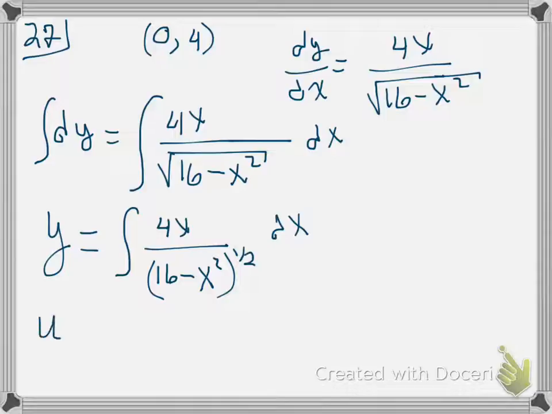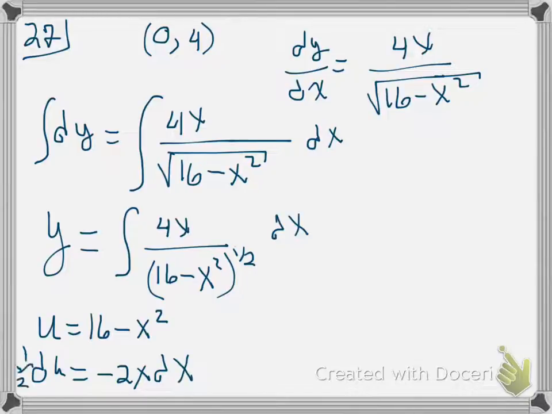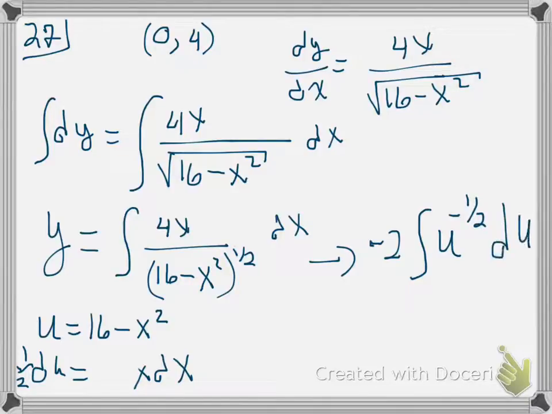So I'm going to let u equal 16 minus x squared. So then du is negative 2x dx, or negative 1/2 du equals x dx. This integral then becomes, if I bring the 4 out in front, times negative 1/2, negative 2 times the integral of u to the negative 1/2 du.